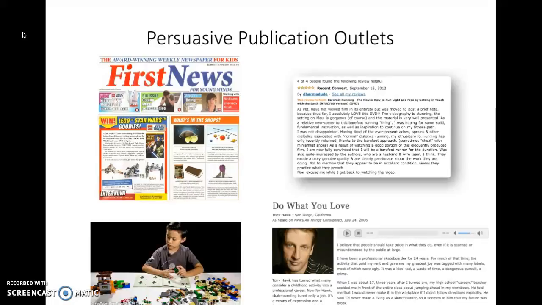So when you're setting out for publication within persuasive writing, think about what the outcome can be for students and make sure persuasive pieces go somewhere outside the classroom, maybe in the form of a letter as well.